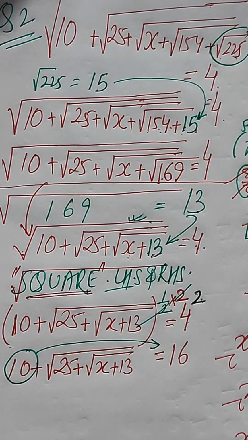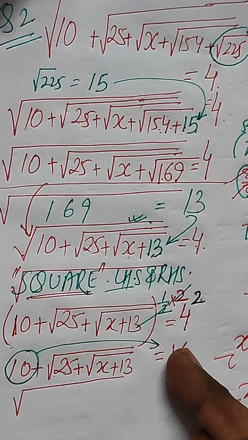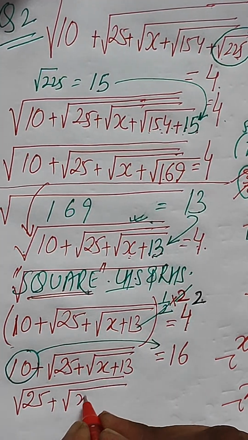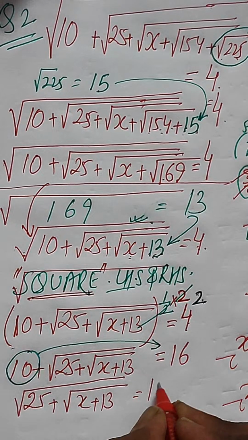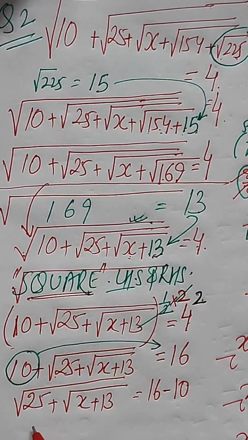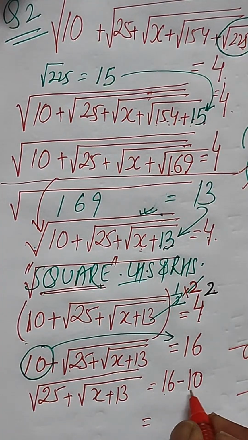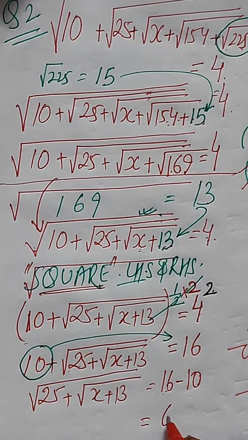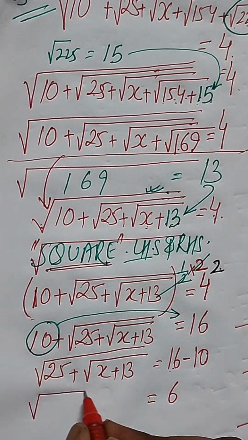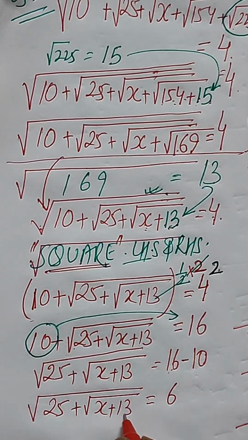So in the next step we have root over 25 plus root over x plus 13 is equal to 16 minus 10, isn't it? 16 minus 10 will give you, in the RHS, 6, right? And in the LHS we have root over 25 plus root over x plus 13, right?